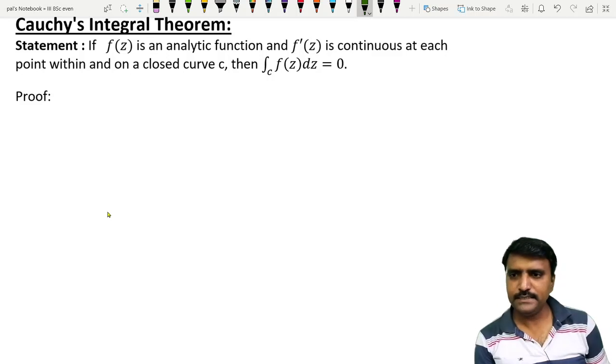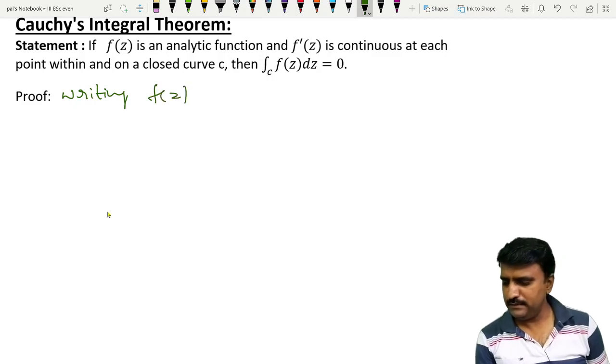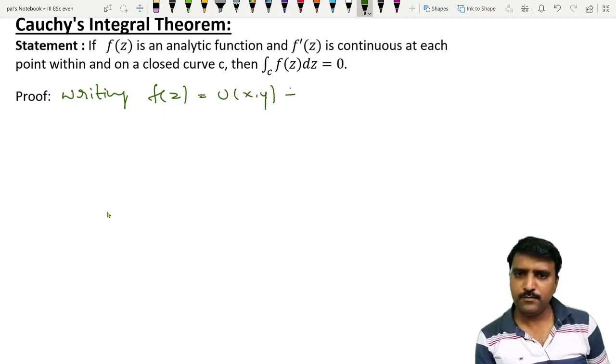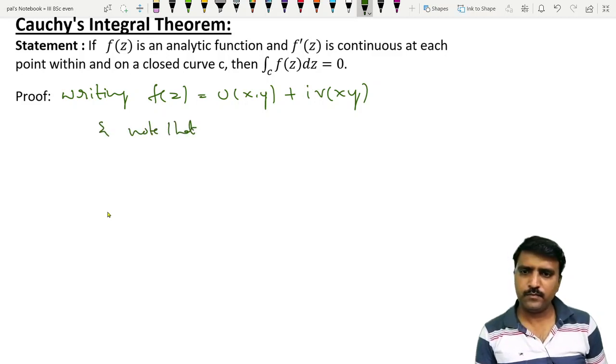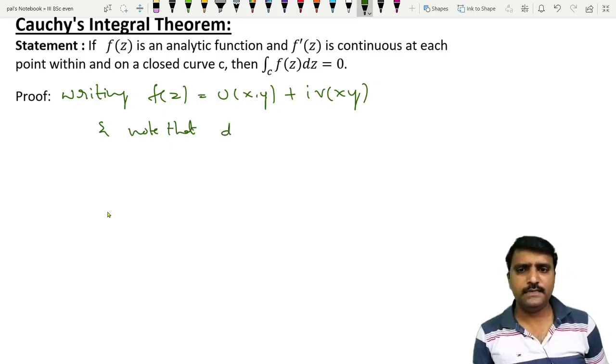Now you take f of z equal to u of xy plus i into v of xy, and note that z is x plus iy, so dz can be written as dx plus i dy.